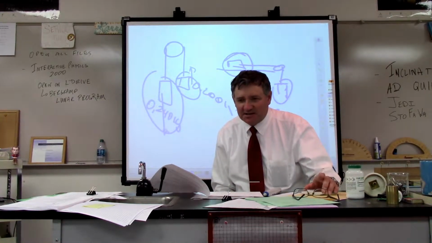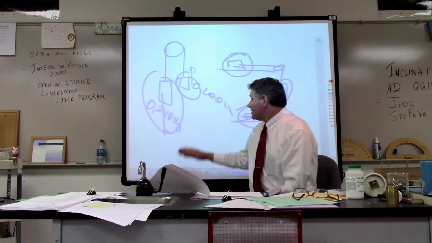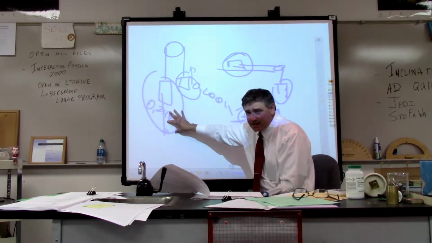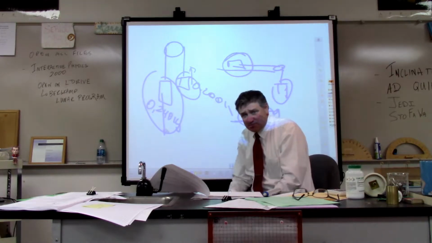Yes, Kendra? How do you tell if you're using the negative 9.8 acceleration versus the positive 9.8? Well, on this one, since all you're doing is finding the two forces and subtracting them anyway, you're just using 9.8 and looking at the difference between the two of them.